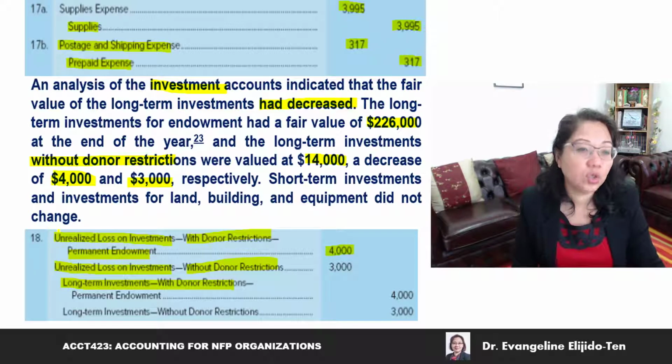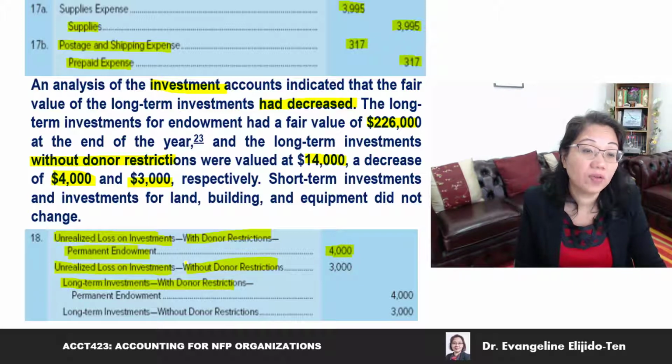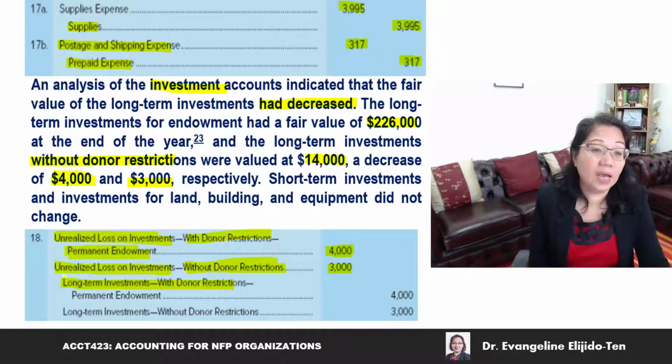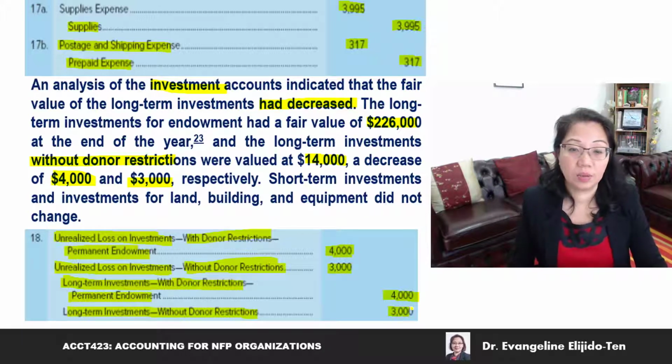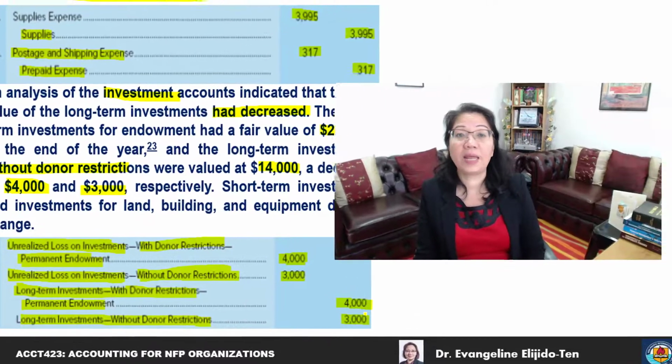Our adjusting journal entry would be unrealized loss on investments with donor restrictions, permanent endowment $4,000, and debit also unrealized loss on investments without donor restrictions $3,000. What we're crediting now is the long-term investments with donor restrictions, permanent endowment fund to reduce its balance by $4,000, and we'll also credit long-term investments without donor restrictions $3,000, also to reduce its balance.